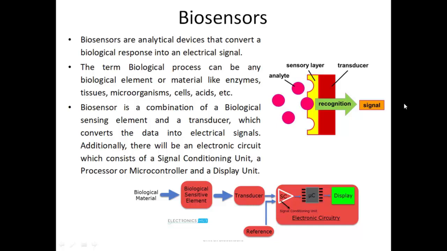Biological response might be certain sweating, that is also a biological response, or maybe blood oxidation, that is also a biological response. So when we design a certain sensor, an analytical device, in such a way that it can capture that biological response and convert it into an electrical signal, we call it a biosensor.